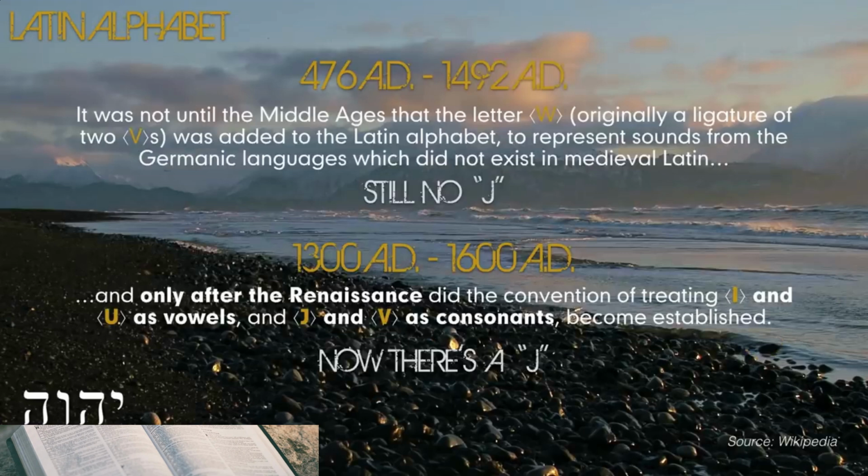Remember, we also told you there was no V in ancient Hebrew, according to ancienthebrew.org, right? The reliable Jewish source, right? So, well, there was also no V in ancient Latin until between 470 AD and 1500 AD. What happened around 470 AD? The Roman Empire fell.